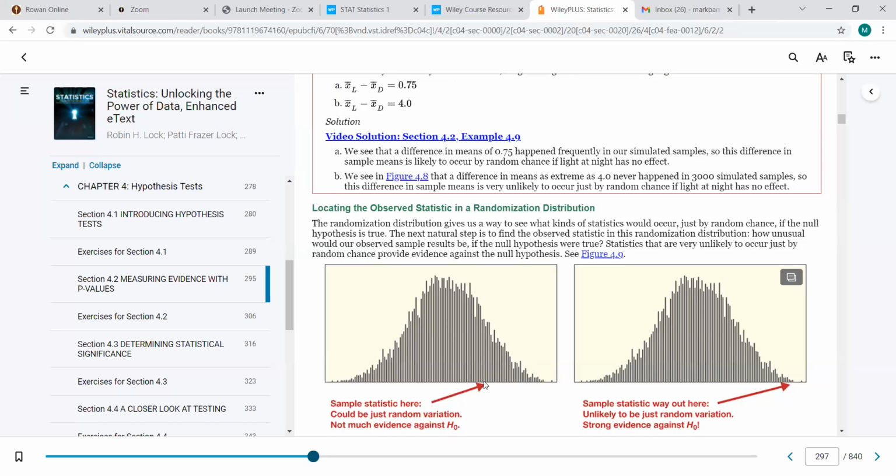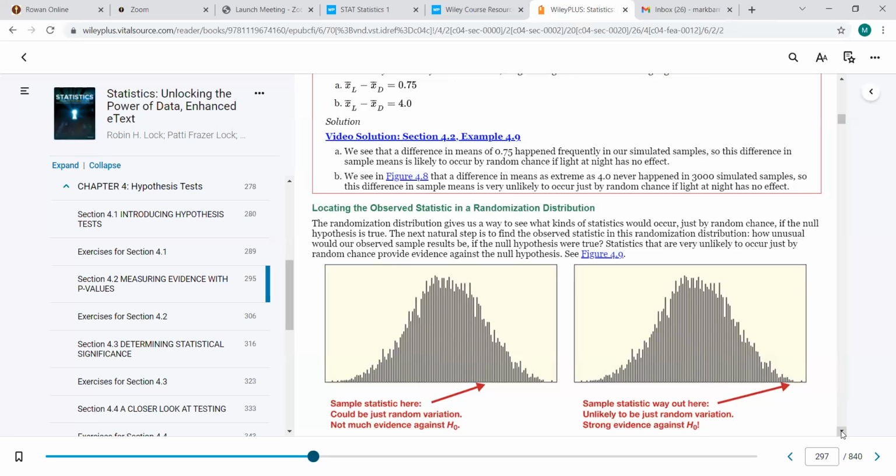We're going to see some samples bigger than 0, some less than 0, but it seems more likely that a sample difference of 0.75 would be due to normal variation. This 4 here, hardly any of the dots are at 4 or larger. That means it seems more unlikely that the difference in the population means is 0.